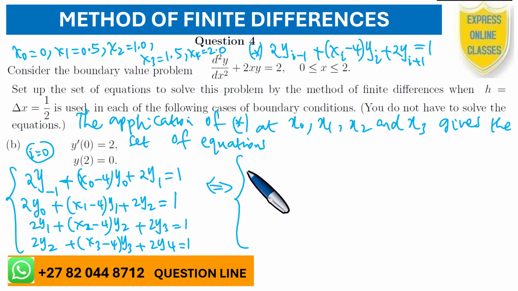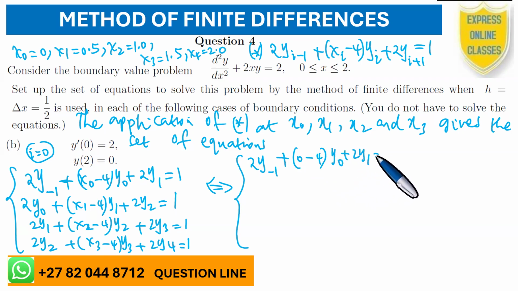With x0 equal to 0, that's 0 minus 4 y0, and then 2 y1 equals 1.